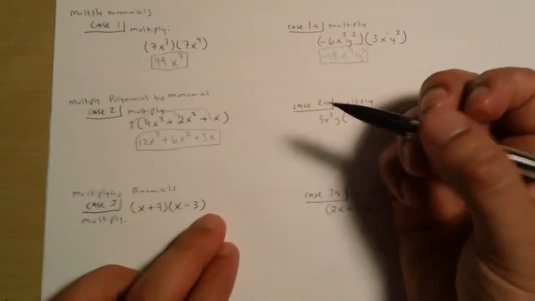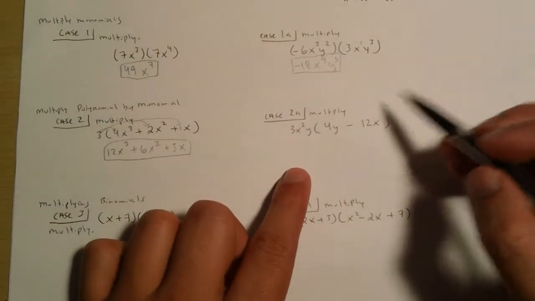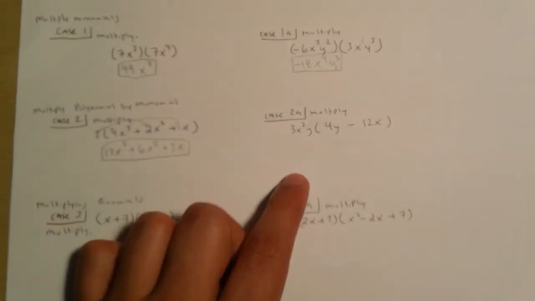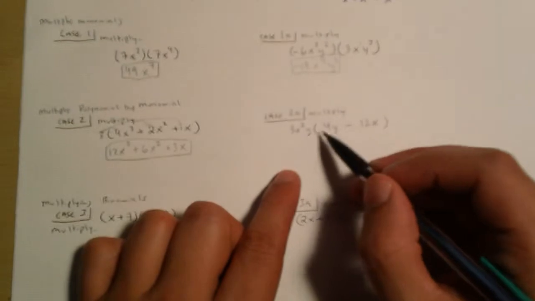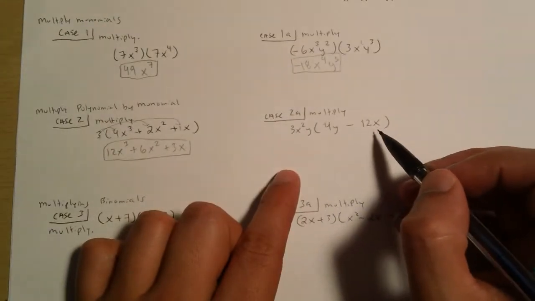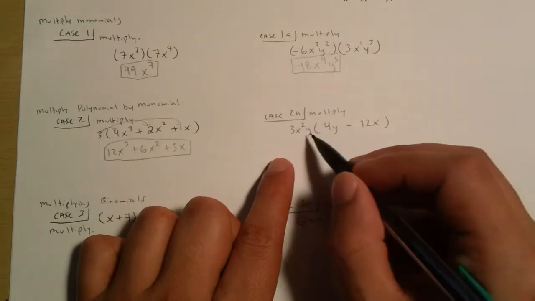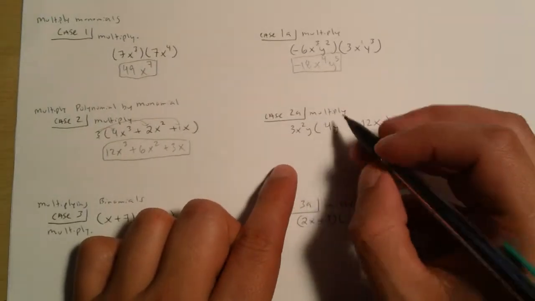Alright, so case 2. We're asked to multiply a monomial by a polynomial. We have 3x squared y times 4y minus 12x. Now this one may look a little bit confusing, so let's rewrite it.